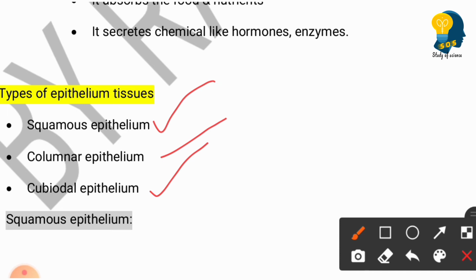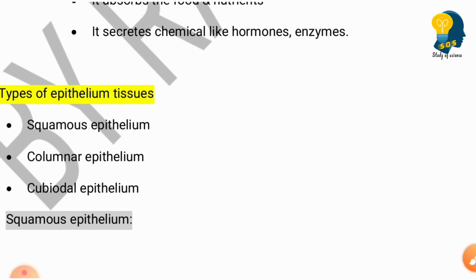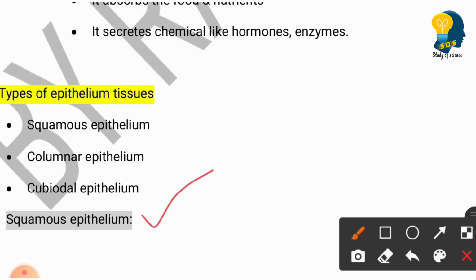We will understand them one by one in detail. First, let us understand the squamous epithelium, which is the first type. Don't get confused: epithelium tissues are classified into three types, and amongst these, first we are talking about the squamous epithelium.